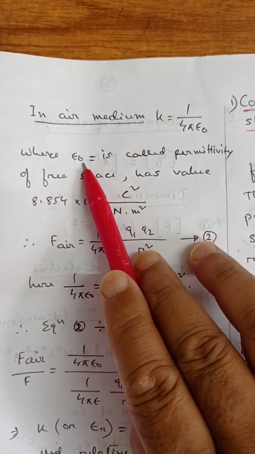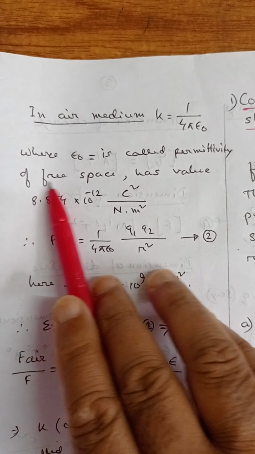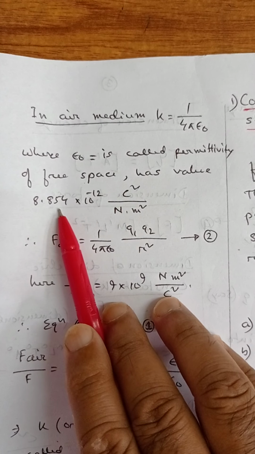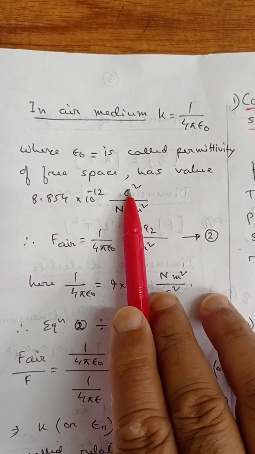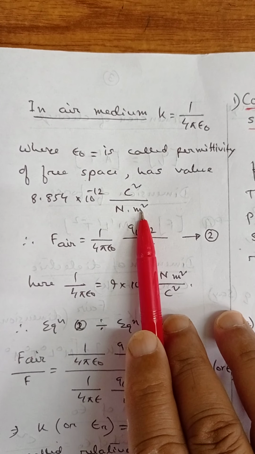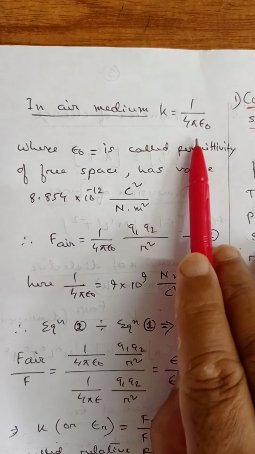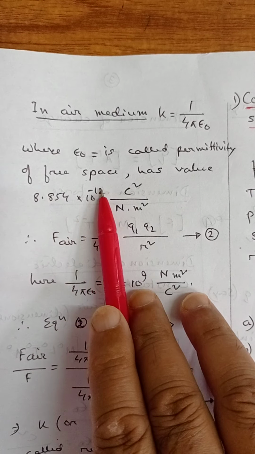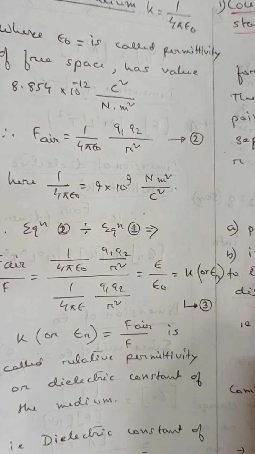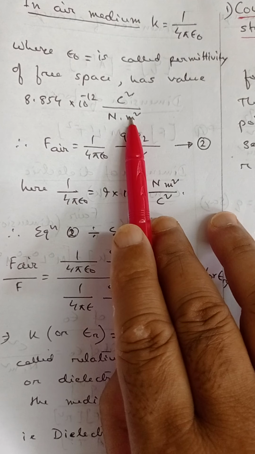This epsilon 0 is called the permittivity of free space. It has a value 8.854 into 10 to the power minus 12 coulomb square per Newton meter square, because for air and vacuum, this epsilon 0 has a constant value 8.854 into 10 to the power minus 12 coulomb square per Newton meter square.